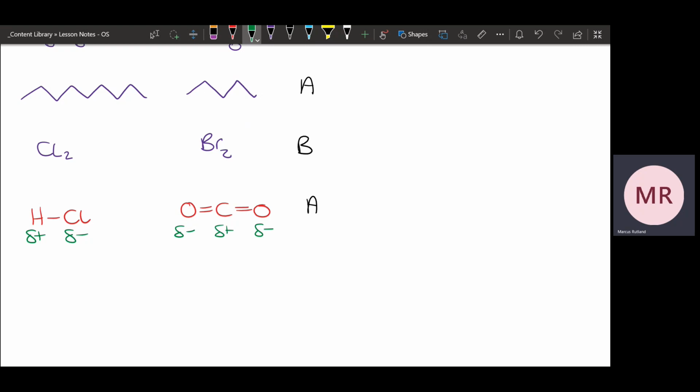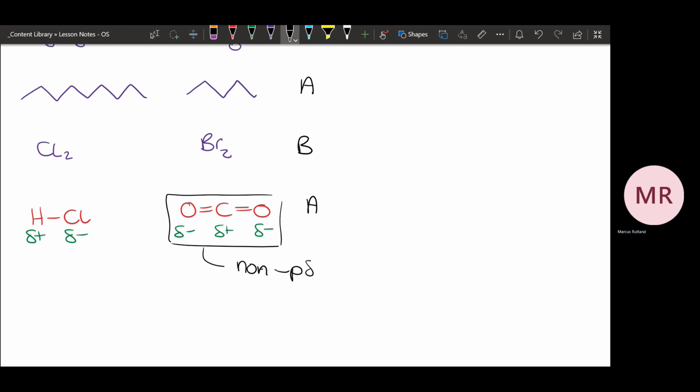But the thing you've always got to pause and consider, if this partial charge is in a molecule, is it overall a polar molecule? And so you should spot that this one is actually non-polar. And the shape of carbon dioxide is linear like that.